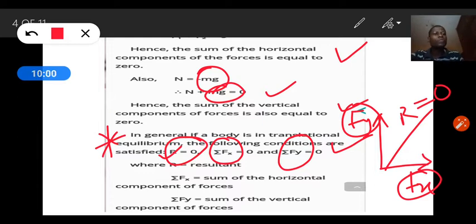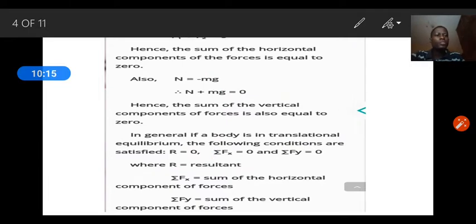The summation of the forces along the horizontal is also equal to 0, and along the vertical is also equal to 0. Fine. Let's forge ahead in this class today. So I've defined summation Fx, summation Fy, and summation R.